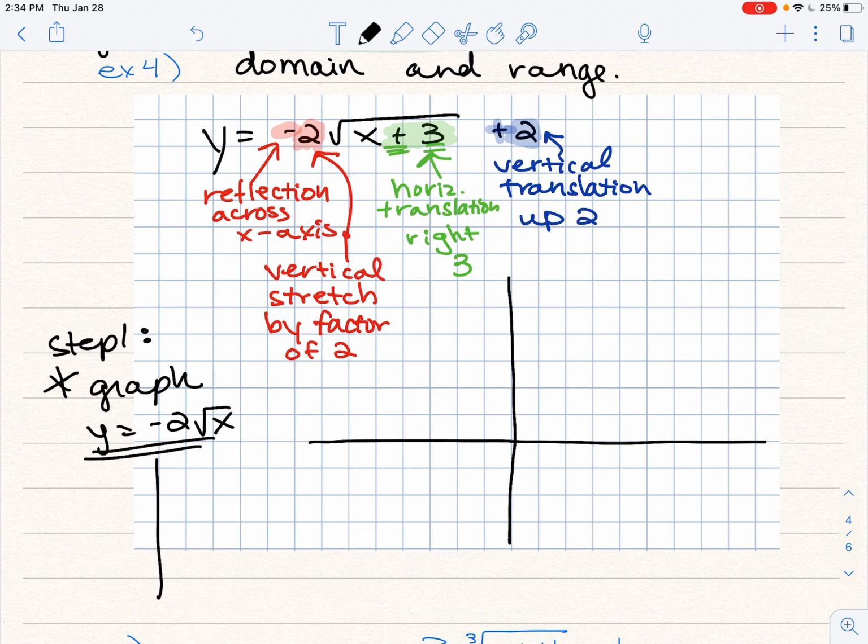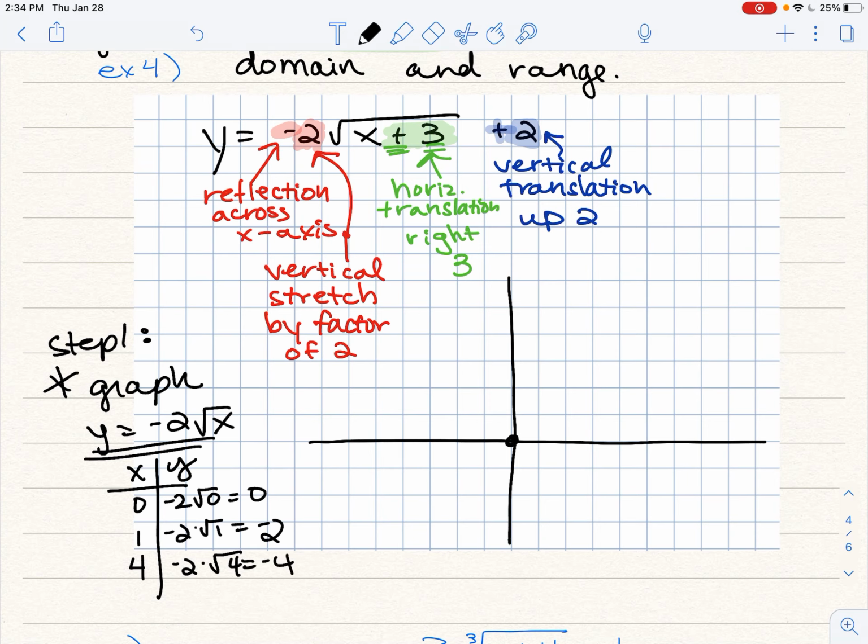You're going to go ahead and plug in those points. We know it's a square root, so it's got to be positive. 0, 1, and 4 are really good ones. So we know -2 times the root of 0 is 0. -2 times the root of 1 is -2. And -2 times the root of 4 is -4.